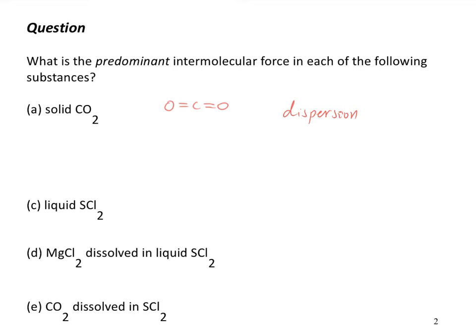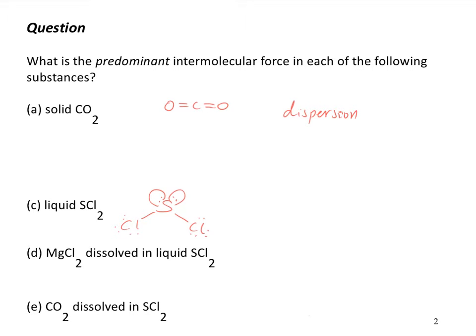How about liquid sulfur dichloride? If you work out the Lewis structure of sulfur dichloride, you figure out this molecule has a bent structure, with 2 lone pairs on sulfur and 2 sulfur-chlorine sigma bonds.